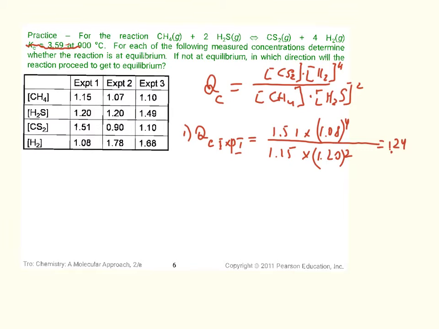When we compare this quotient with the equilibrium constant, we see that it's smaller than Kc. So in this case, we need to say that the reaction proceeds forward.